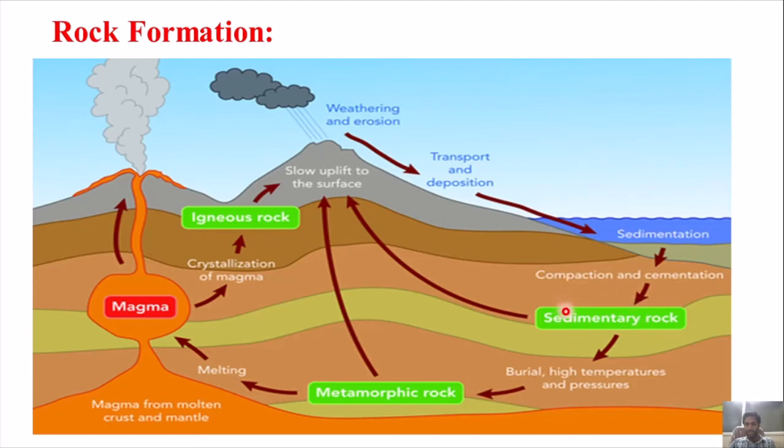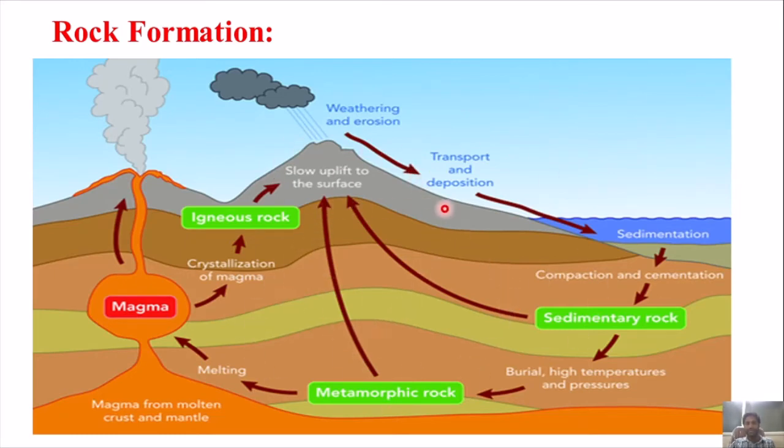This sedimentary rock, under high burial, high temperature and pressure, becomes metamorphic rock. This metamorphic rock again melts at high temperature and pressure in the earth's crust. Again it becomes magma. Then this cycle continues in the earth.